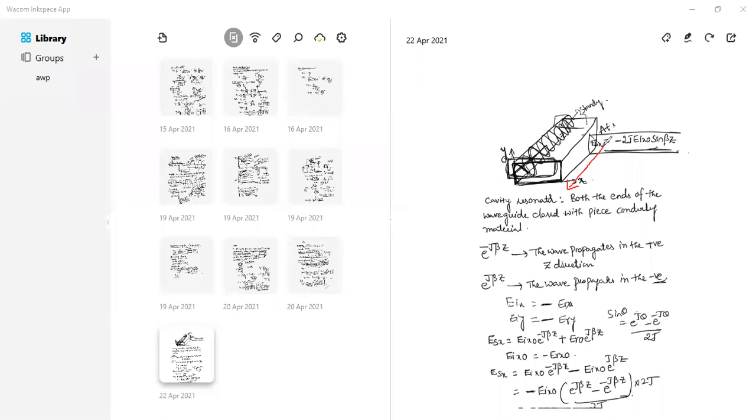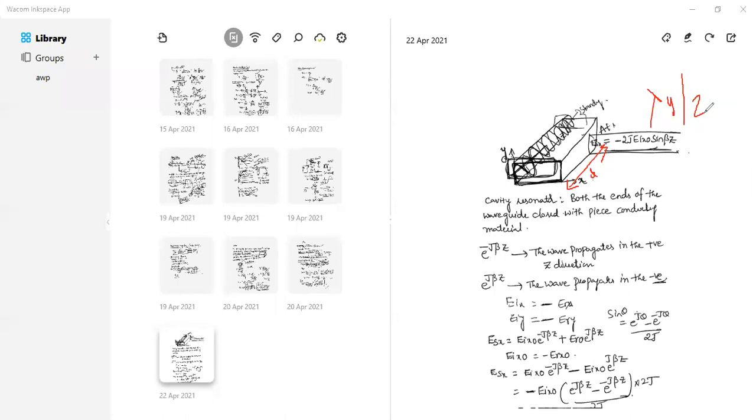So when this length is equal to multiples of lambda g by 2, then you are going to get resonance.